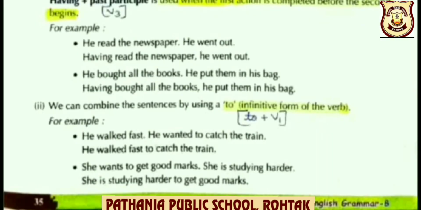Another way of combining is by using to plus V1, that is base form of the verb. He walked fast, he wanted to catch the train. He walked fast to catch the train.